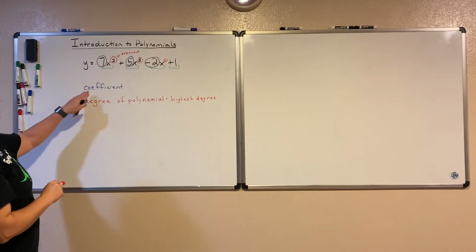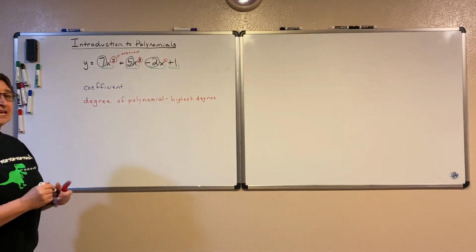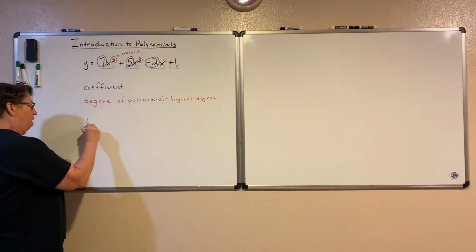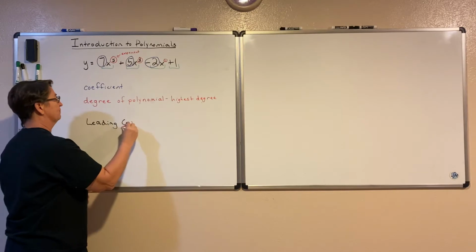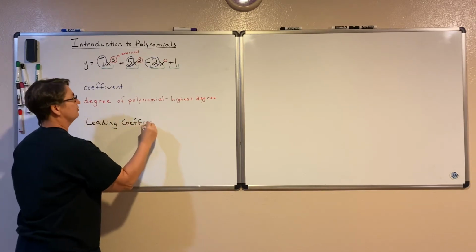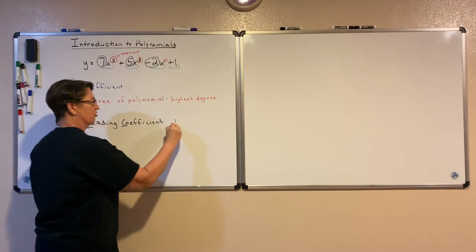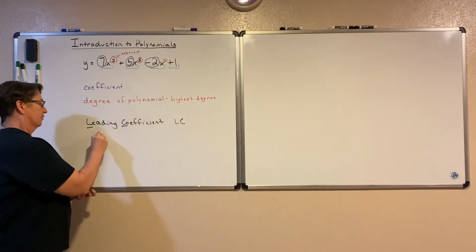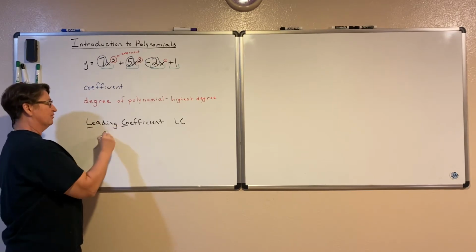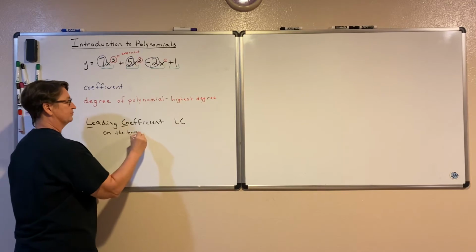Then we have our coefficients, which are these numbers out front. Your leading coefficient, from this point forward, I'll just call it your LC, is the coefficient on the term with the highest degree.